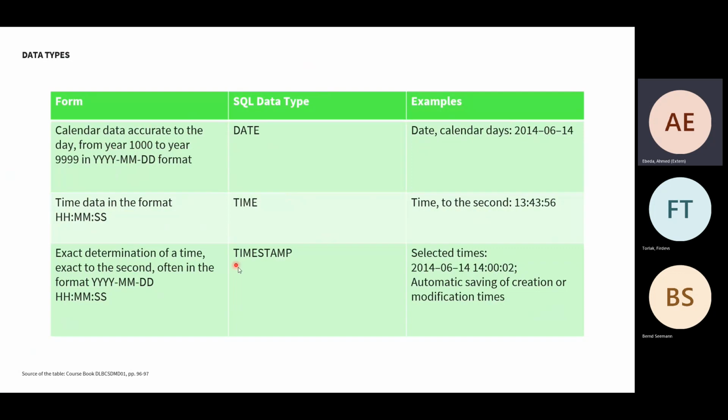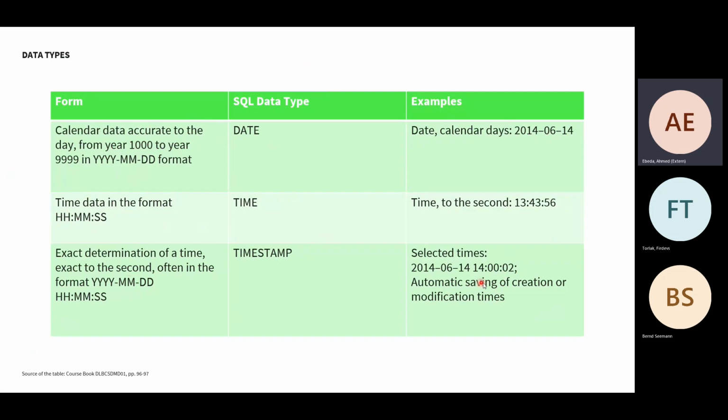There is also another data type called timestamp, which brings the date and the time together. It's mostly used to get the timestamp of transactions, of transferring something to another, and so on. This is an exact determination of a time, exact to the second, often in the format years, months, day, hour, minutes, seconds.